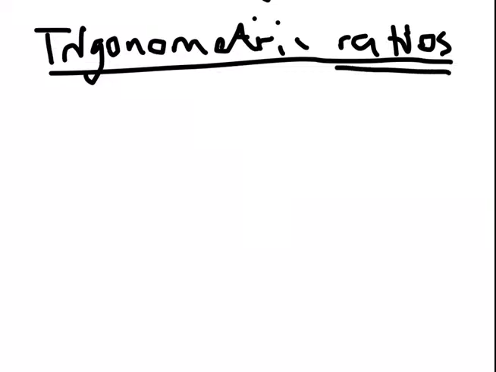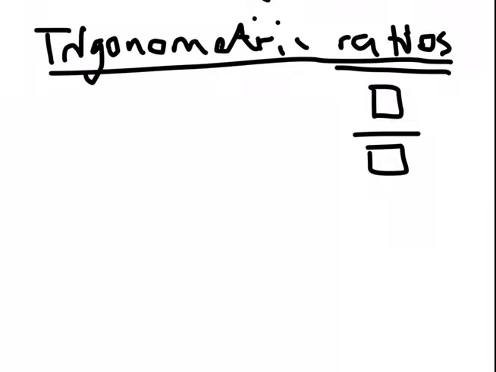What is a ratio? A ratio simply means something over something. Since we are talking about a right-angled triangle, the only thing that we can do is take a side and divide it by another side.